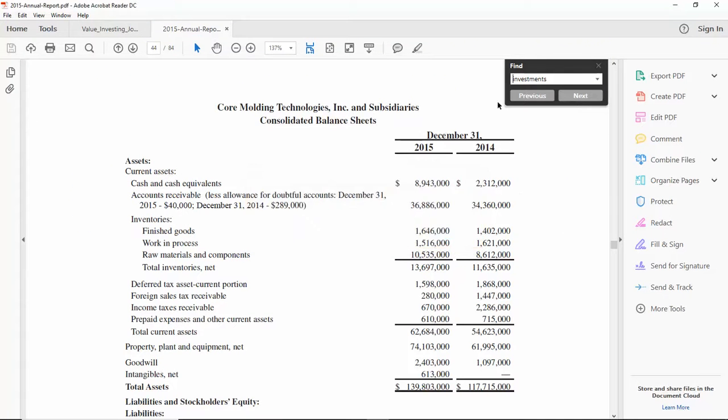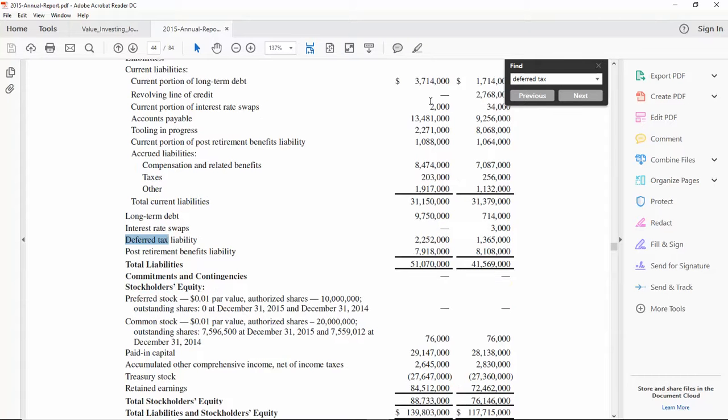Yeah, nothing here. So deferred tax, and I don't put taxes or deferred tax assets or liabilities because I want the most clean numbers. Again, not there.